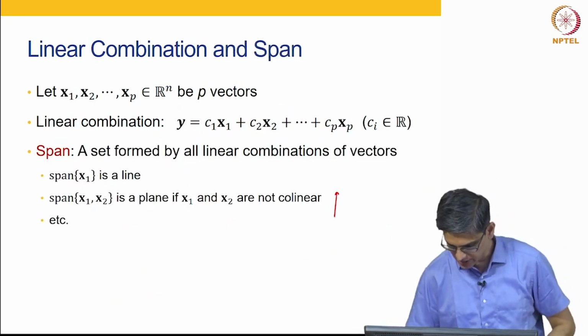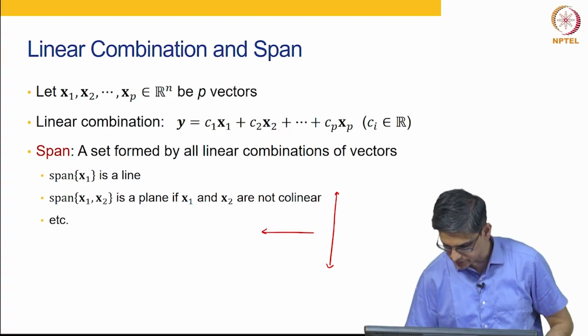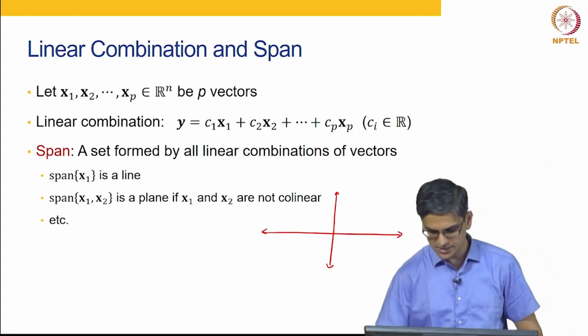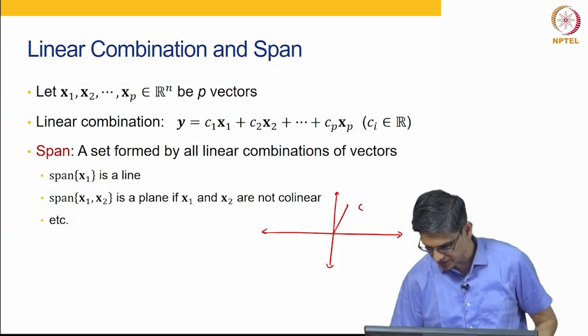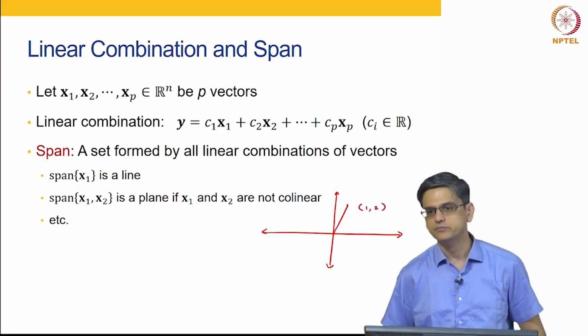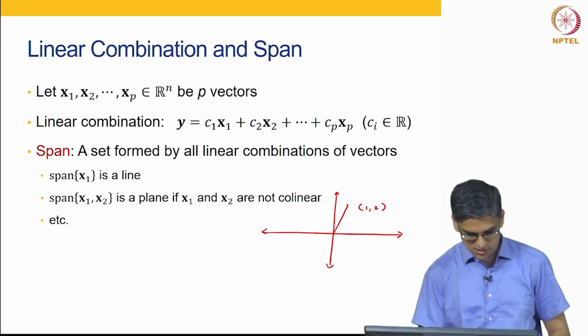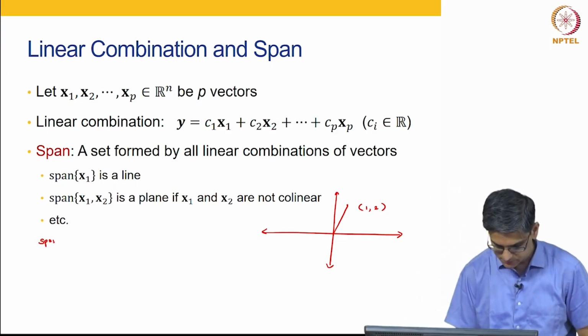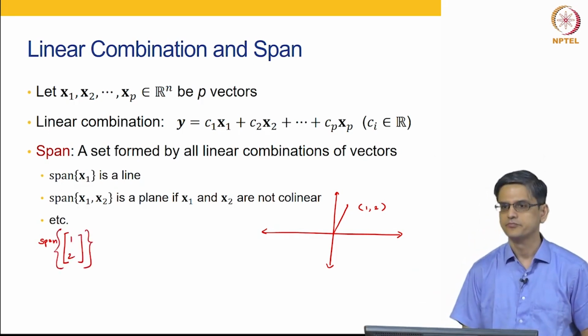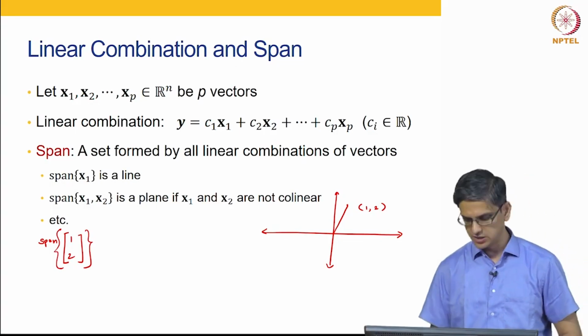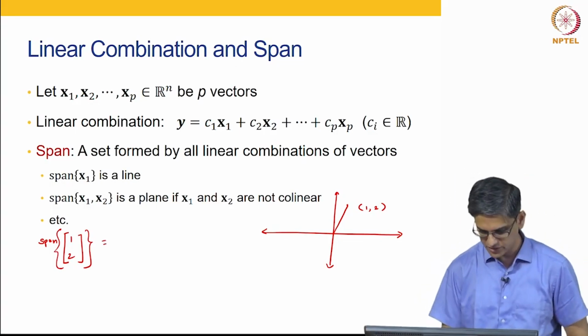So let us look at a two dimensional space, and let us say we have this line or this vector 1 2. What is span? It is all possible linear combinations of that vector 1 2.